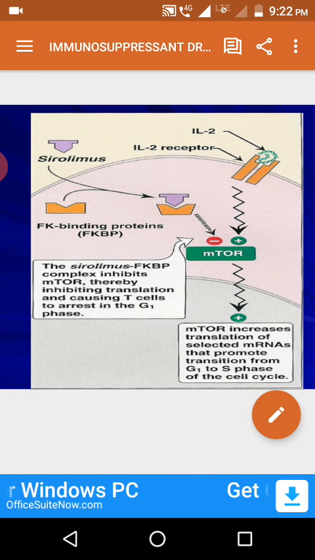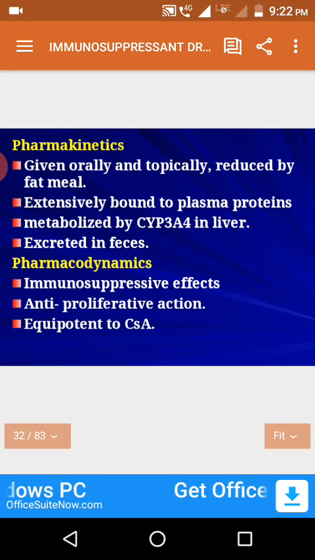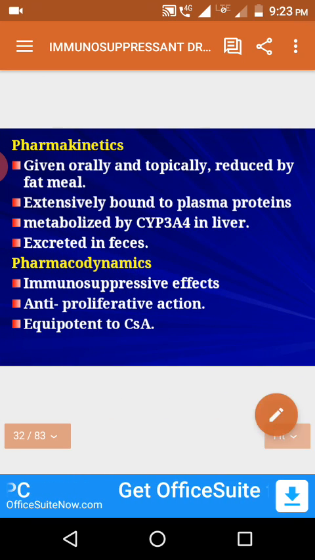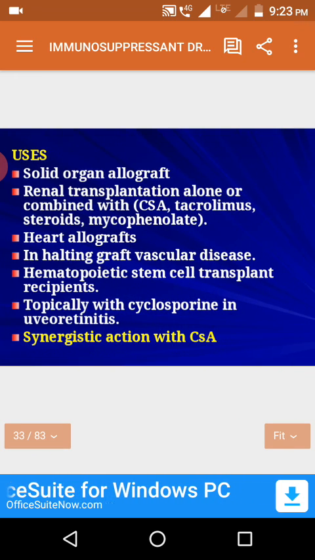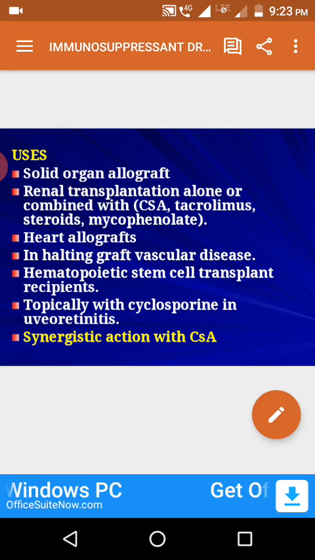Pharmacokinetics are all the same. Immunosuppressive effect, anti-proliferative action, and uses are also the same: transplant rejection and some autoimmune disorders.